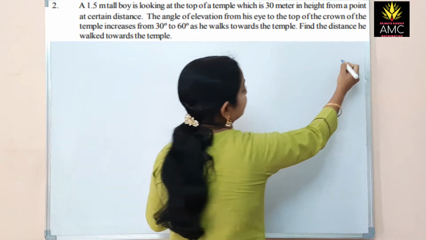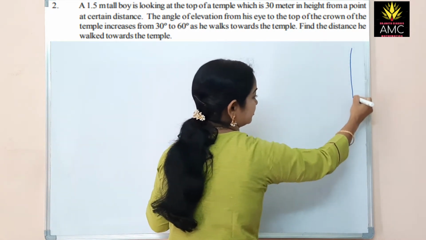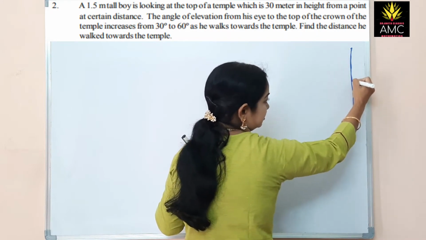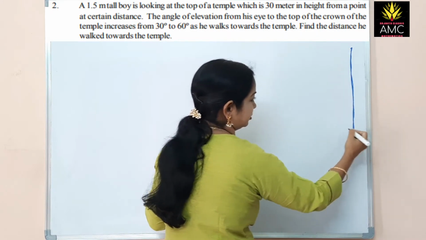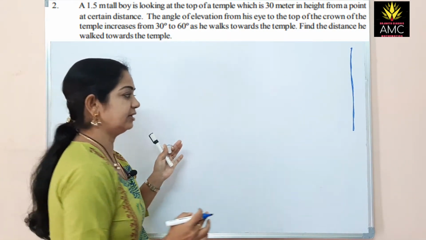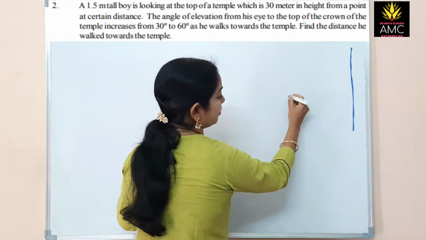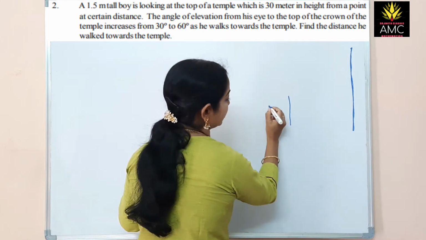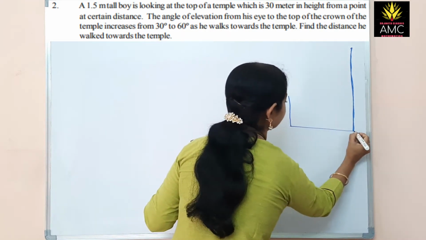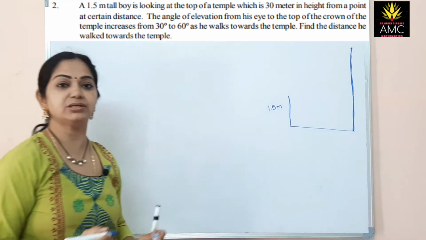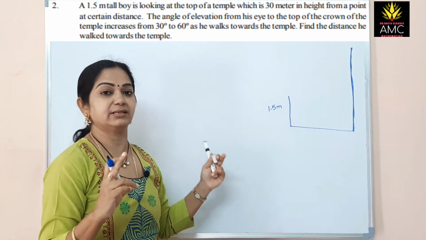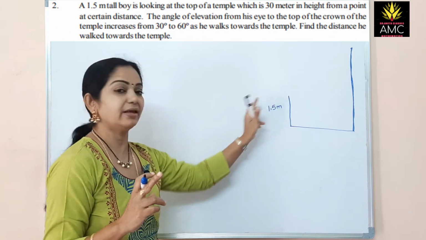Now here clearly see, there is a temple here. Let me suppose this is the crown of the temple, okay? So usually draw with a scale, should not be crooked, use a scale, right? And the boy is just 1.5 meters tall. So in the case, if the height of a man, a person, a boy, girl or something is mentioned, then only you consider.